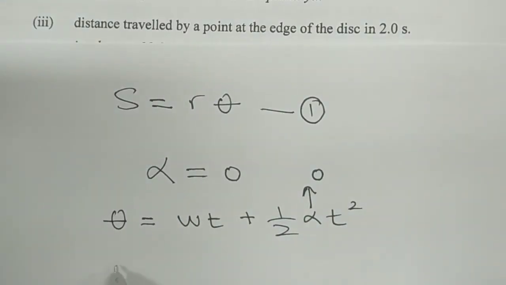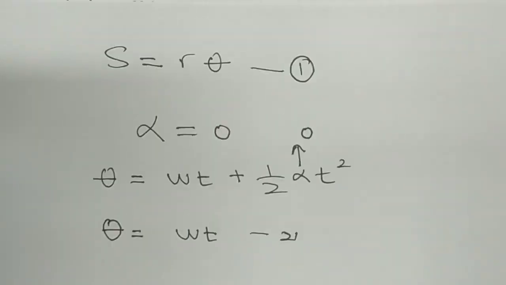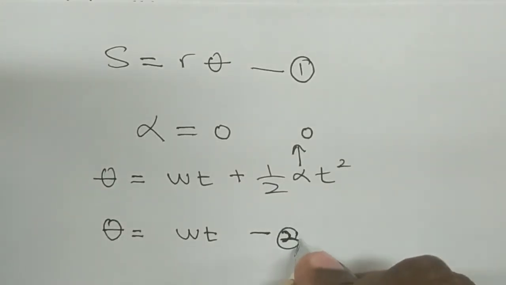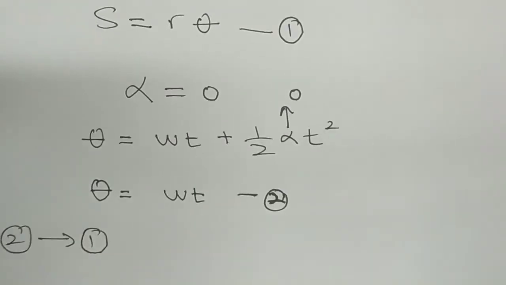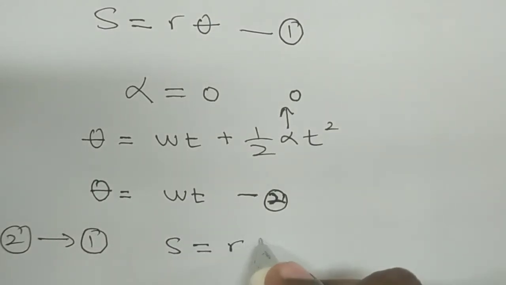So the angular displacement theta equals omega t. Take it as equation 2. Substitute 2 into 1. So linear displacement s equals r omega t.